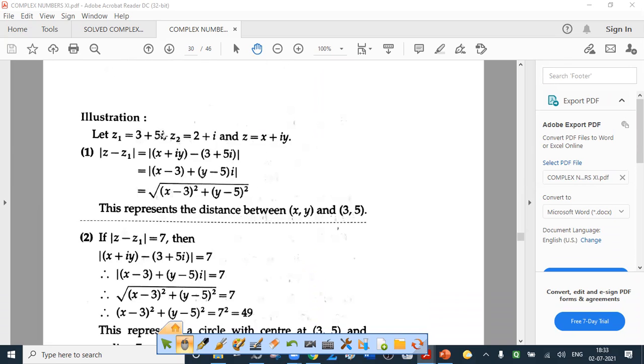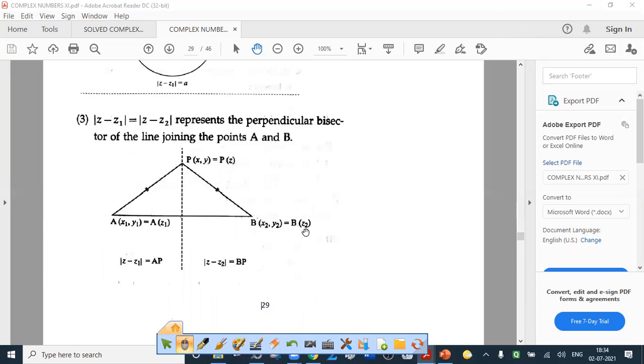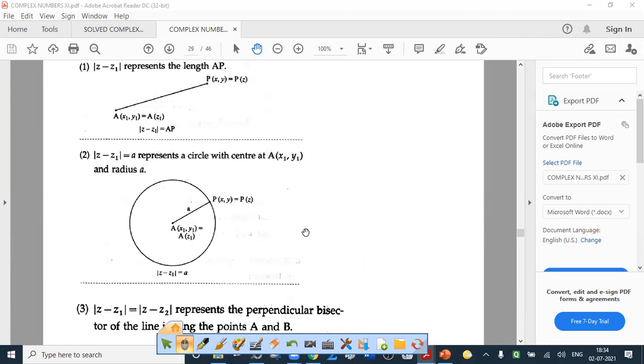See, these are the examples. Basically, this part should be taught after the topic locus. What is locus? Locus is the set of points satisfying certain geometrical condition or conditions. One student is asking, sir, what is the meaning of represents a circle?